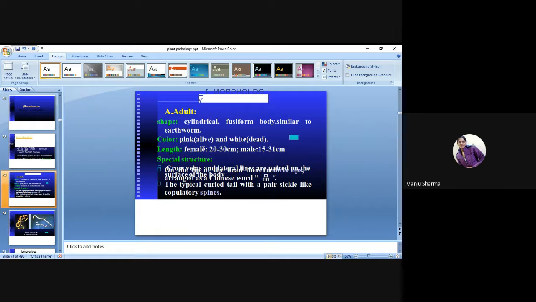The morphology of the adult: its shape is a cylindrical fusiform body similar to an earthworm. The color is pink and white. The length of the female is 20 to 30 centimeters and the male length is 15 to 31 centimeters. The special structure is the typical curled tail with a sickle-like copulatory spine.